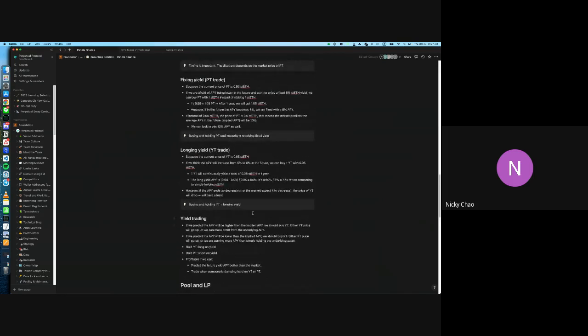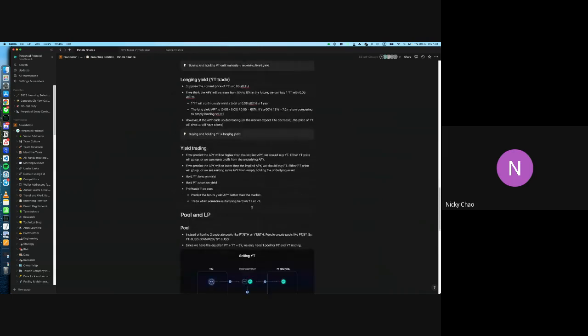So combining these two, the PT trade and YT trade, Pendle Finance allows us to do yield trading. The implied APY is what the market predicts, and it will be reflected in the price of YT.